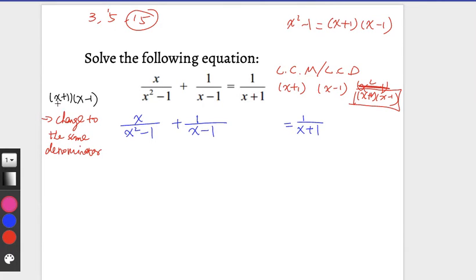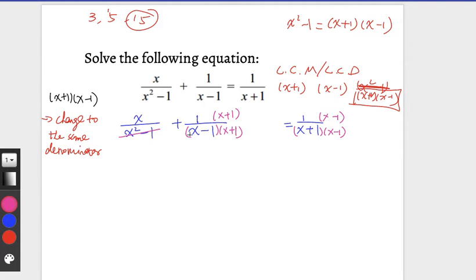For this one, I'm missing x plus 1, so I'm going to do the same thing on the top. For this one, I'm missing x minus 1, so I'm going to put x minus 1 on the top and bottom. Now check, every single denominator is the same. Remember, this is already factored out as this, so they're equivalent to this one.